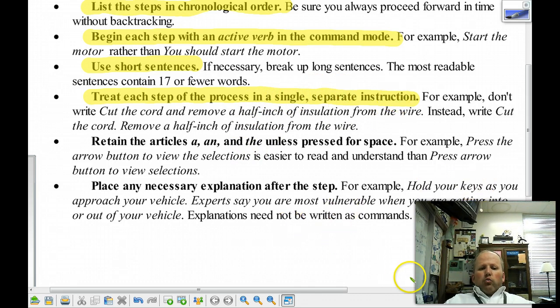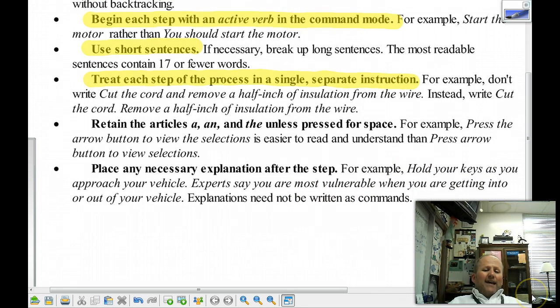Next, write the articles a, an, and the. So the words a, an, and the should be kept unless you are really pressed for space. For example, press the arrow key to view the selections is easier to read and understand than press arrow button to view selections.